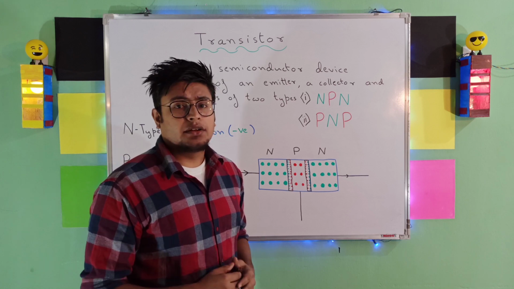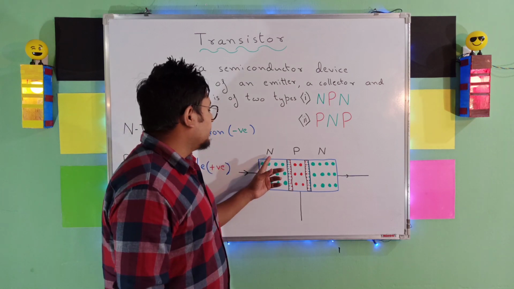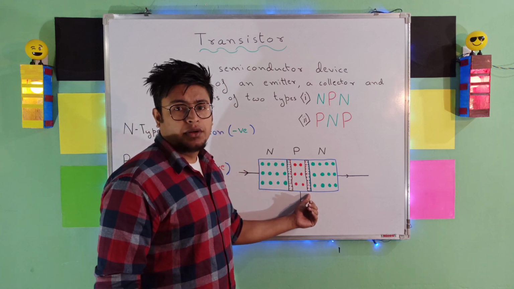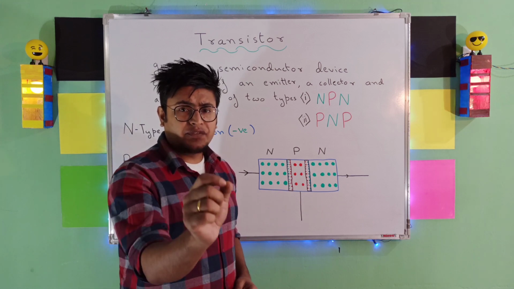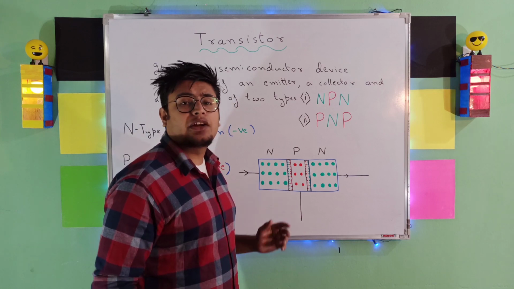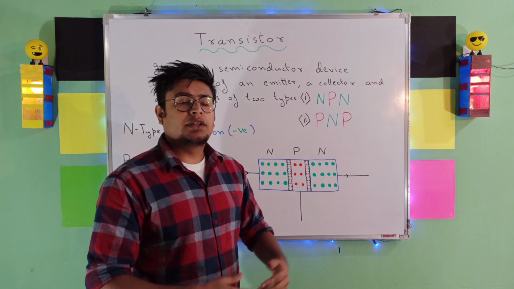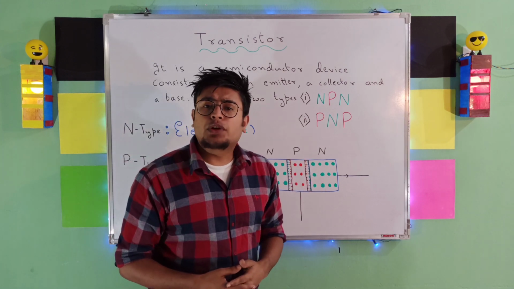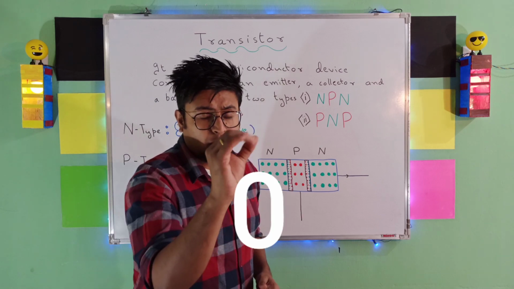When I make up the NPN transistor, then between the N-type and the P-type, a depletion layer is formed. So, until and unless I provide a sufficient voltage at the base, the electrons cannot flow through and it is going to act as if the circuit is open. That is, no conduction is going to take place and the result I am going to get is a 0.